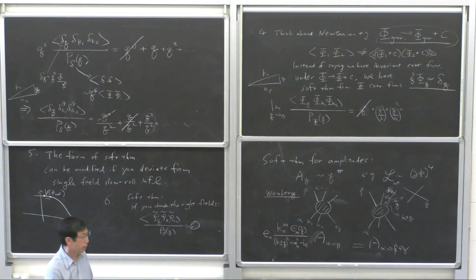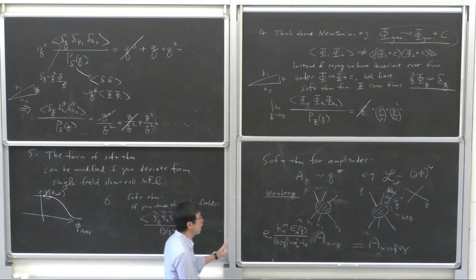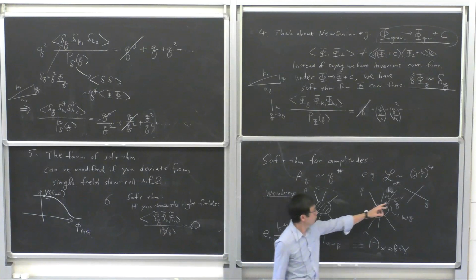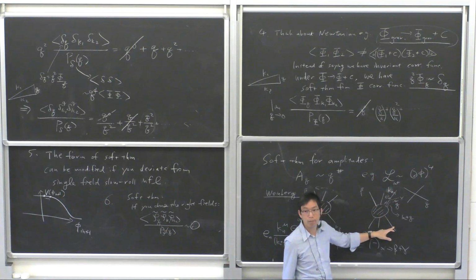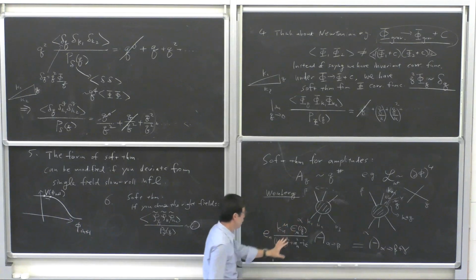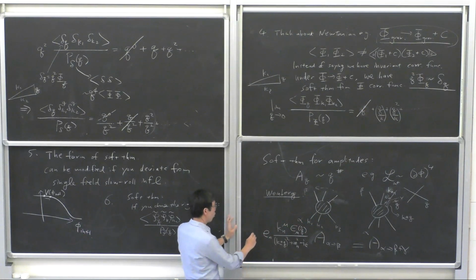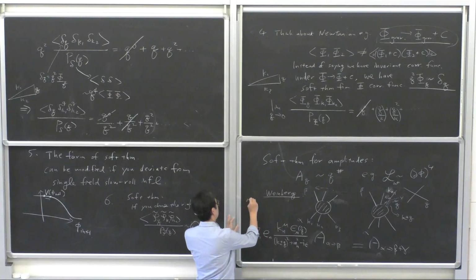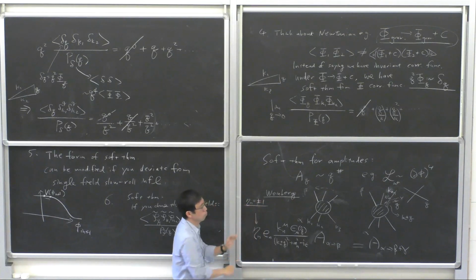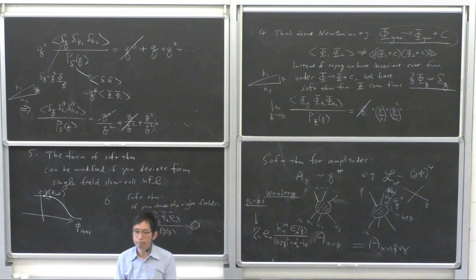And then finally, to keep track of sign, because your photon can be attached to an outgoing leg or an incoming leg, there is an overall factor, I'm going to call it eta n, where eta n can be equal to plus or minus 1, depending on whether that leg is incoming or outgoing.